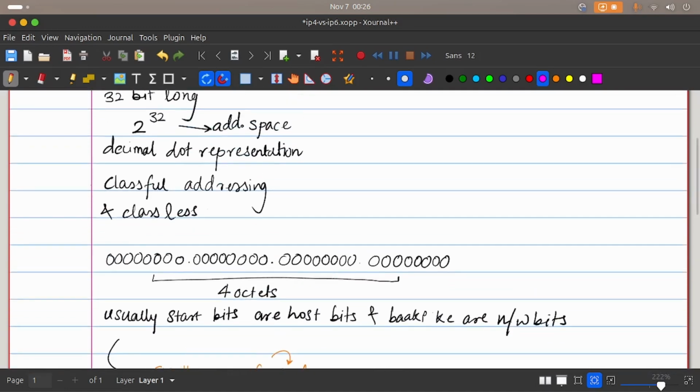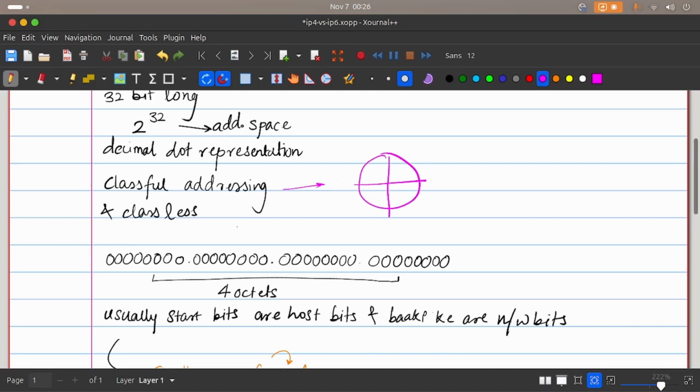Classless addressing uses CIDR notation, and it is also issued in blocks, which is much better than classful. There's subnetting and supernetting in this. Subnetting is when you take a network and divide it into pieces.